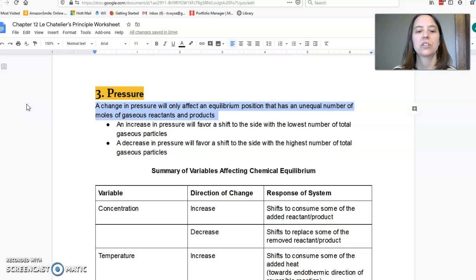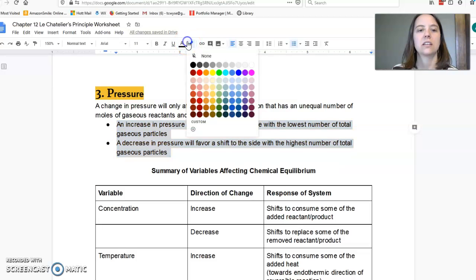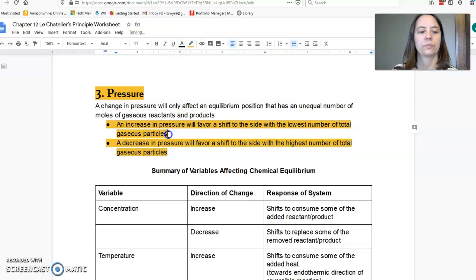An increase in pressure will favor a shift to the side with the lowest number of total gaseous particles, whereas a decrease in pressure will favor a shift to the side with the highest number of total gaseous particles. So we can't say if it's reactants or products because it depends on whether the products have more or less total gas particles. That is an important thing to know.